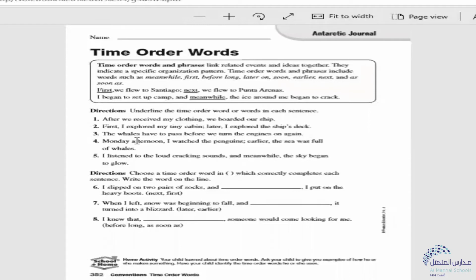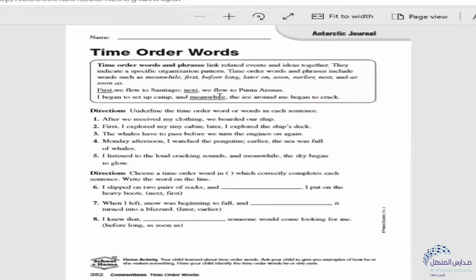If we look at the second sentence, I began to set up camp, and meanwhile, the ice around me began to crack. At the first part of the sentence, we see that the person was setting up camp at the beginning, and while he was setting up the camp, the ice around him started to crack.